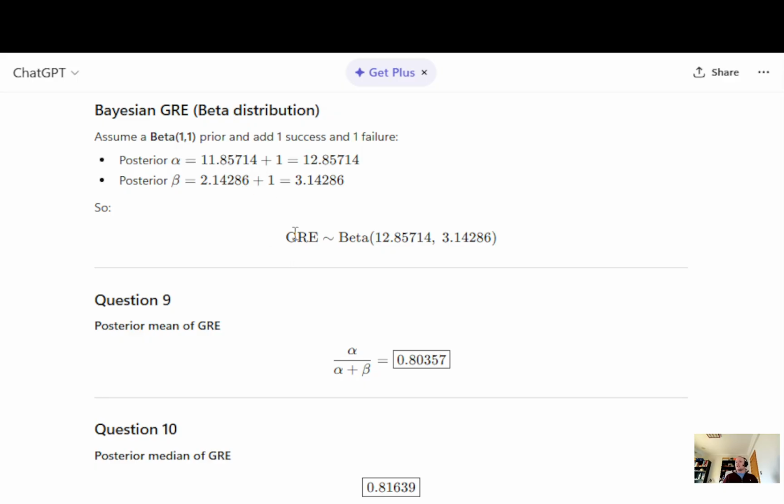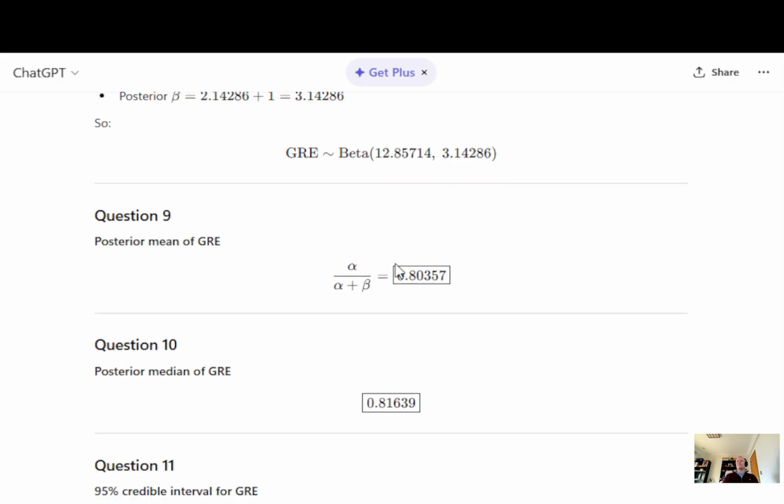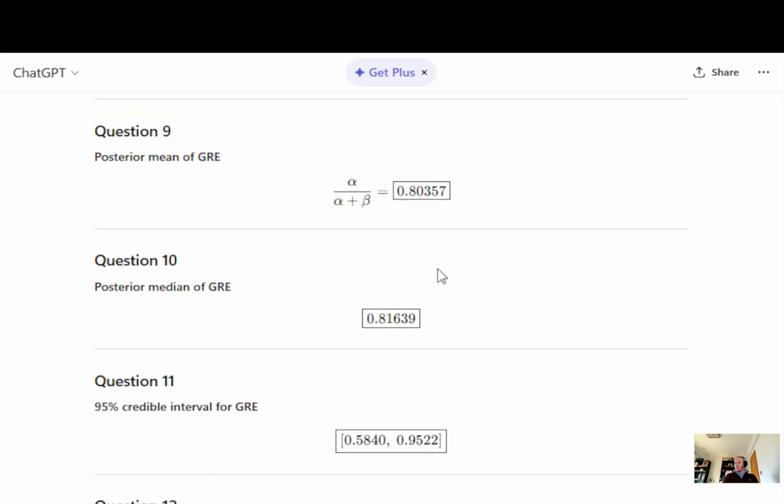So we get a generalized relative effect beta distribution with just over 12.85 successes and just over 3.14 failures. And when we do that, we can calculate the posterior mean of the generalized relative effect, which is just alpha divided by alpha plus beta, which is just over 0.8.